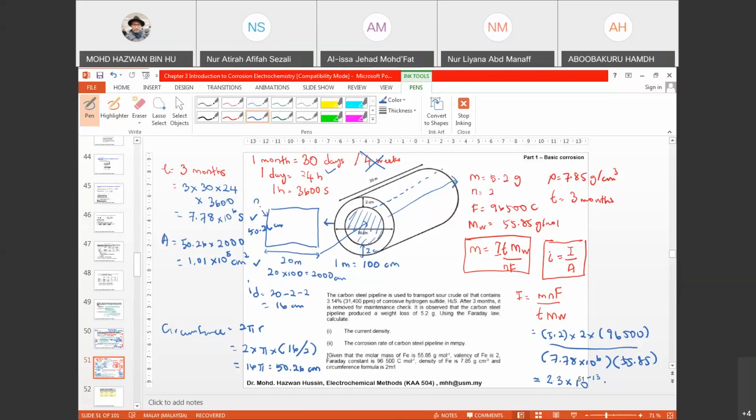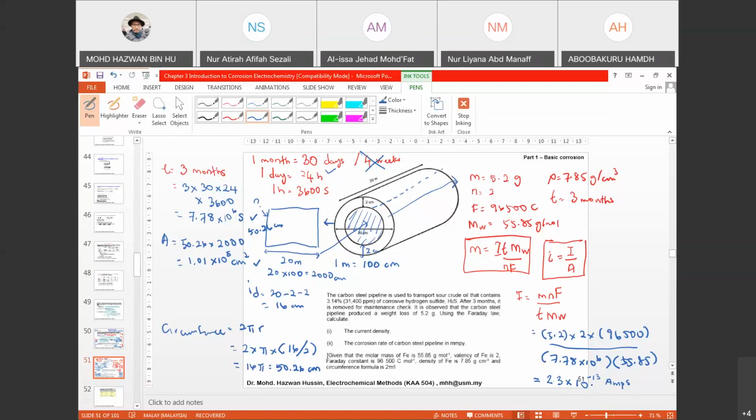Is that correct, Nadira, Hamda? I got 2.31 times 10 to the power of 13, not minus. Atira, did you get the same answer? For the current, I get 2.3 times 10 to the power of negative 3.